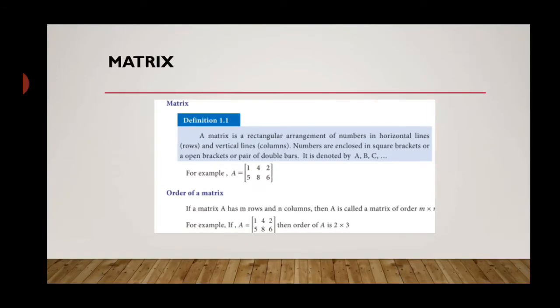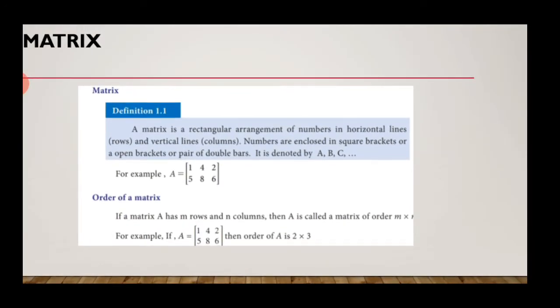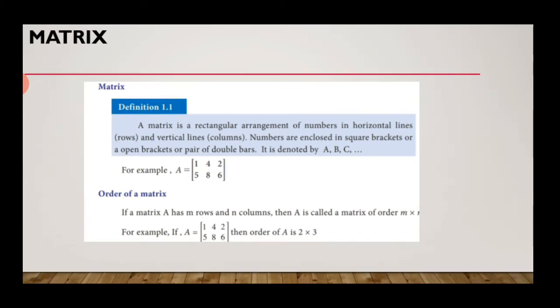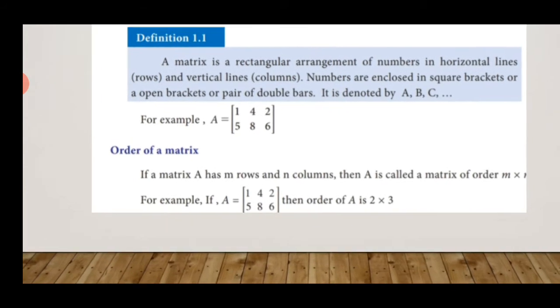Like everybody has a unique weight and height, the matrices will also have a separate size, which is called the order of the matrix. So if A is a matrix that has m rows and n columns, then A is called a matrix of order m cross n. For example, A equal to 1 4 2 5 8 6.